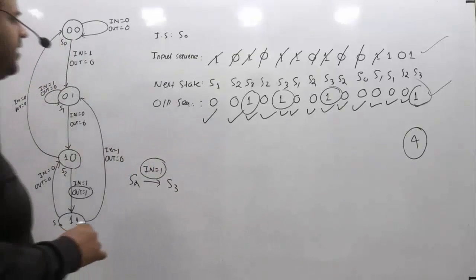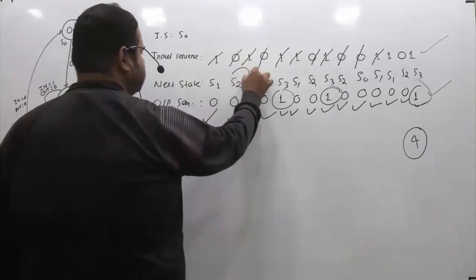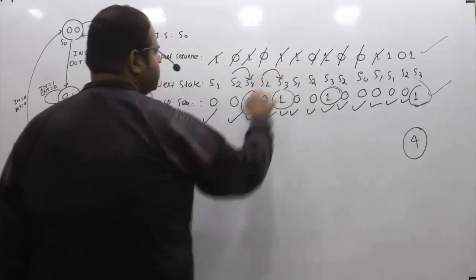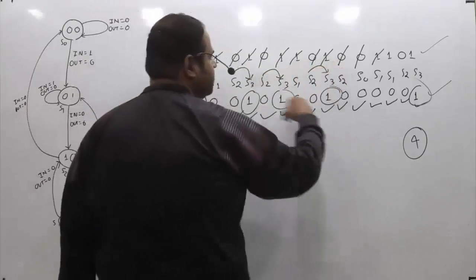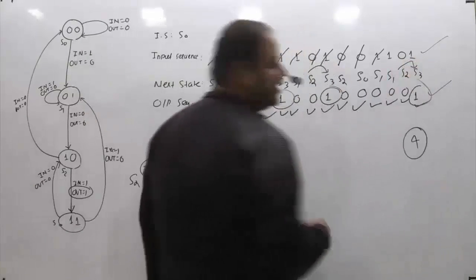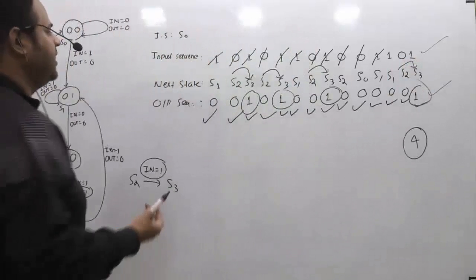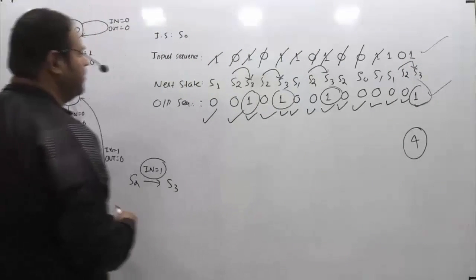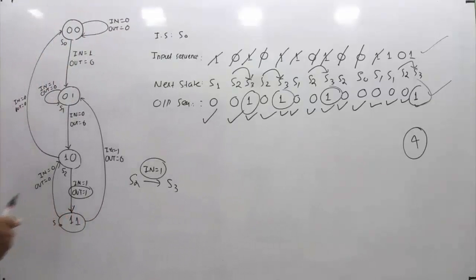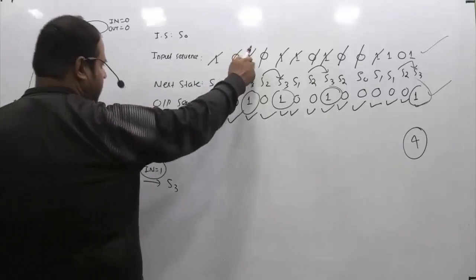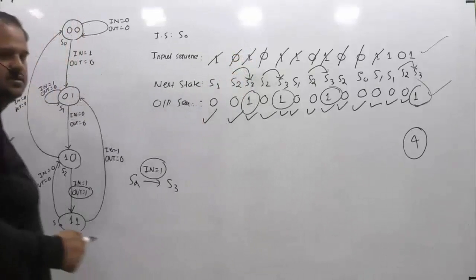So everywhere there is an S2 to S3 transition, you are getting 1. And obviously the corresponding input which makes the S2 to S3 transition is nothing but 1 only. Like I was at S2, if I give the input 1, it is moving to S3.